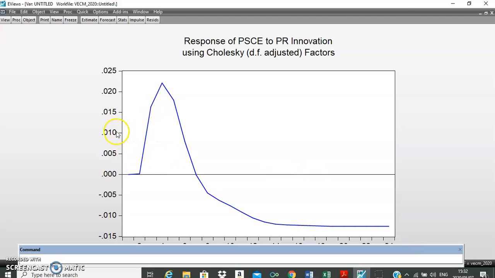So you can immediately see that private sector has a high jump. Then after how many quarters, I'll just check that once I minimize it, you can see that it formed a new equilibrium, meaning that the shock in the interest rate was actually permanent.